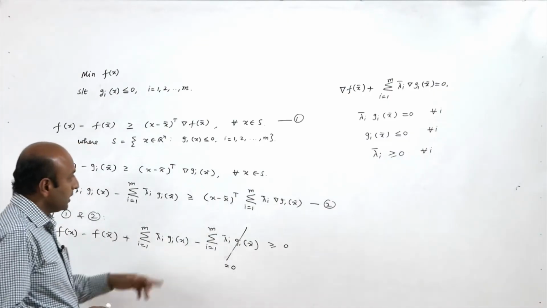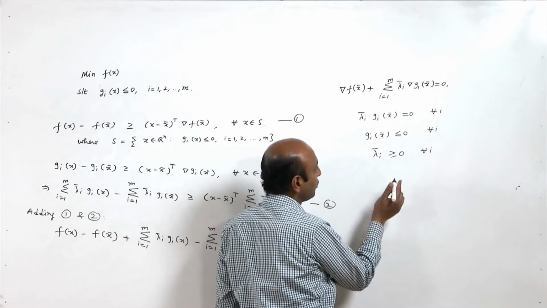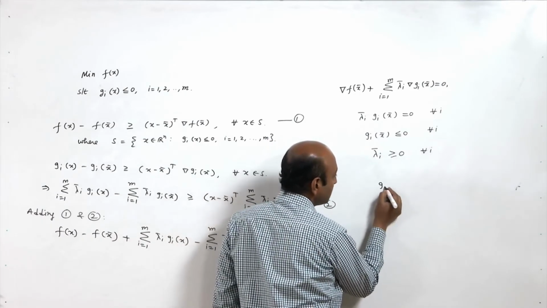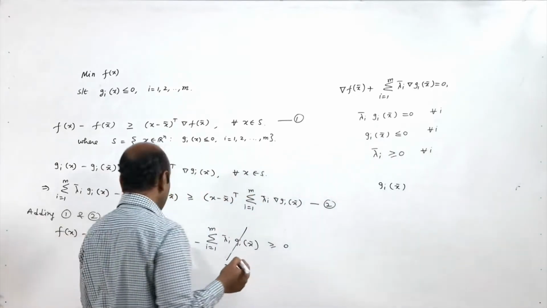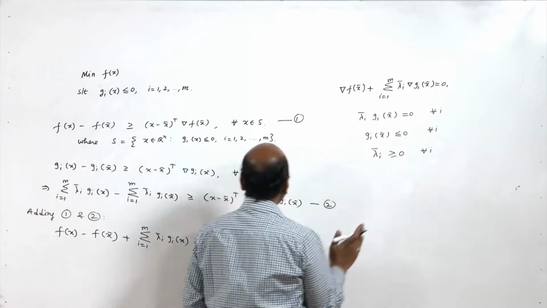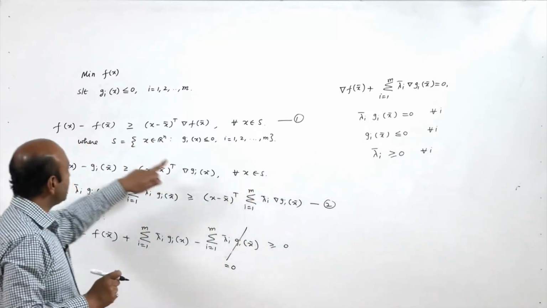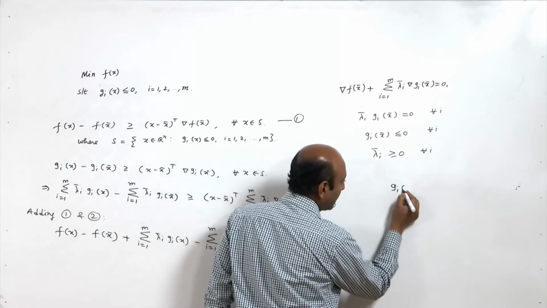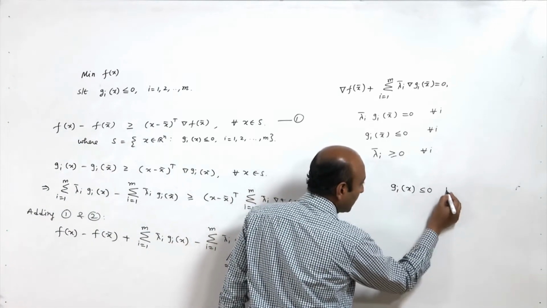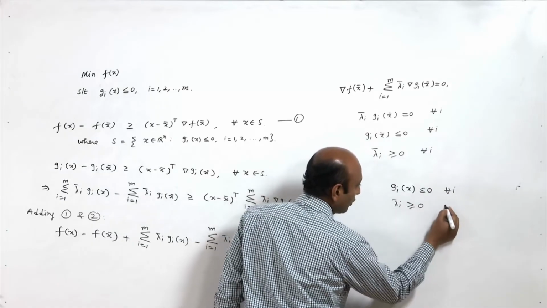And now, g_i(x bar) is less than or equal to 0 and lambda i are greater than or equal to 0. So, x is any feasible point in S satisfying this inequality. So, g_i(x) is less than or equal to 0 for all i and lambda i bar is greater than or equal to 0 for all i.